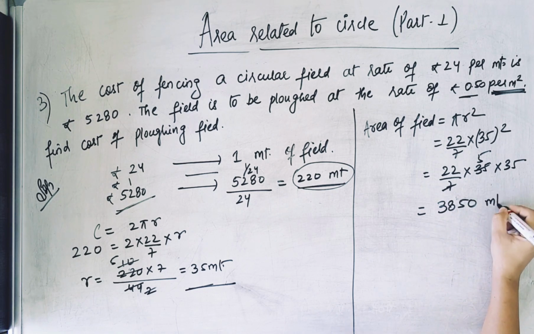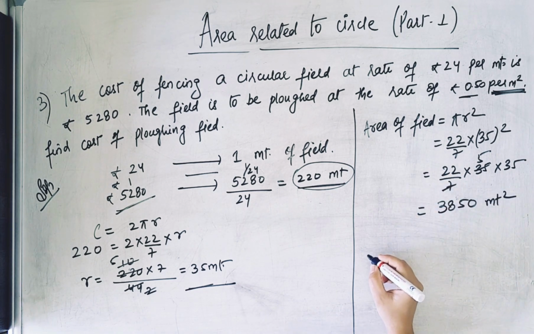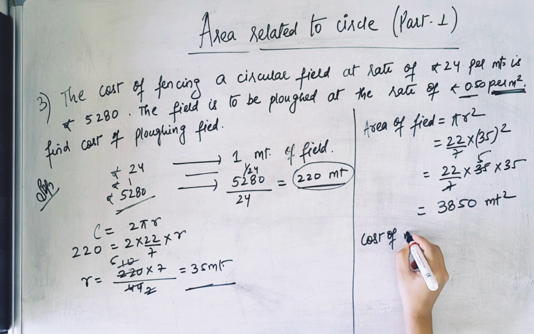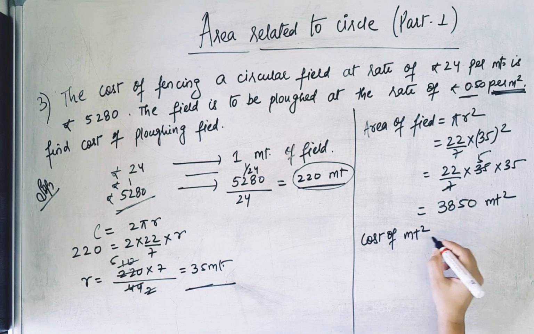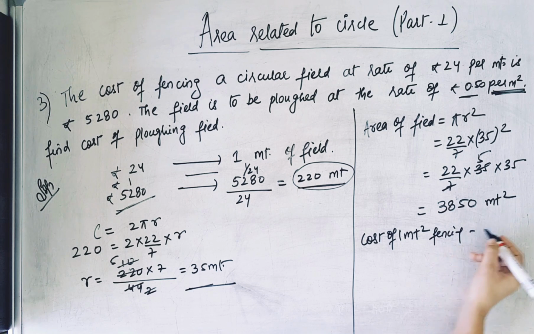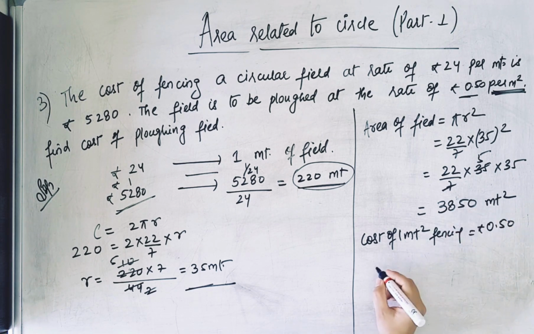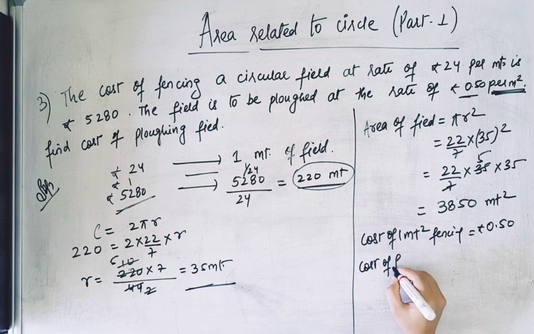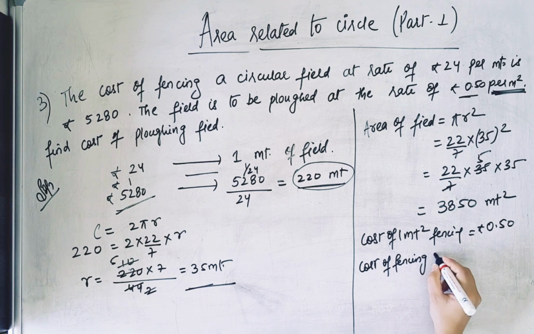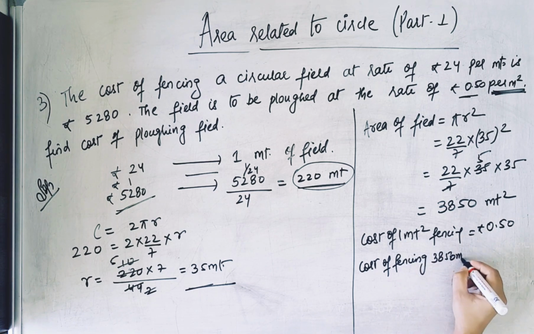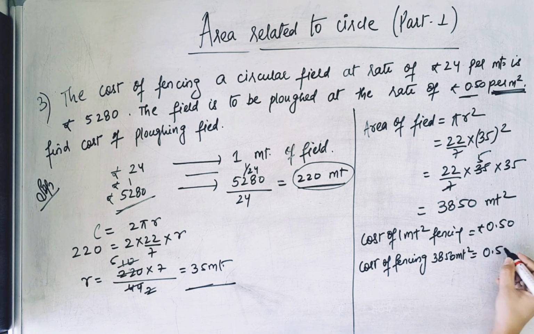3850 meter square. Now in the question they have told that the cost of 1 meter square is 0.50 rupees. So the cost for 3850 meter square will be 0.5 into 3850.